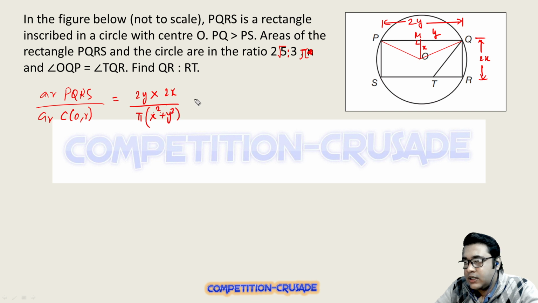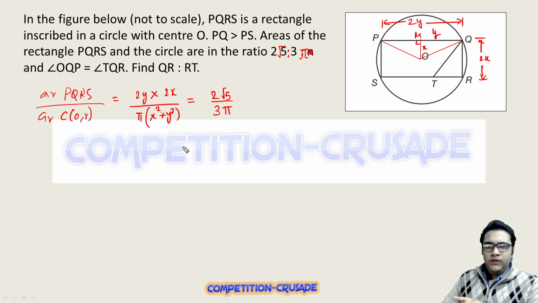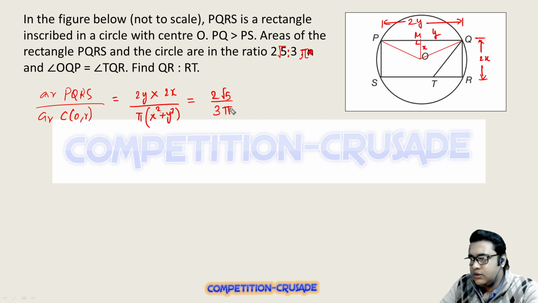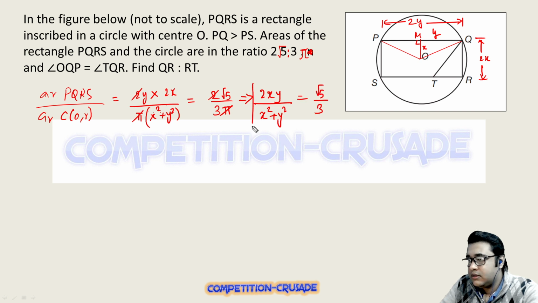And we are given that this all thing is equal to 2 root 5 upon 3 pi, right? So let's cut the pi's and the 2's away. So this gives me 2xy upon x square plus y square is equal to root over 5 by 3.